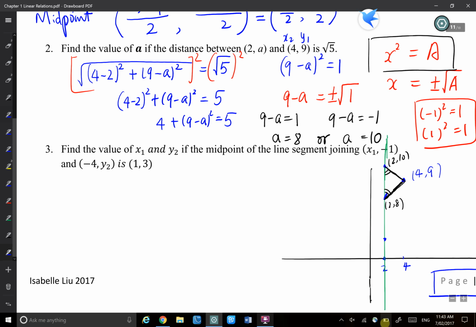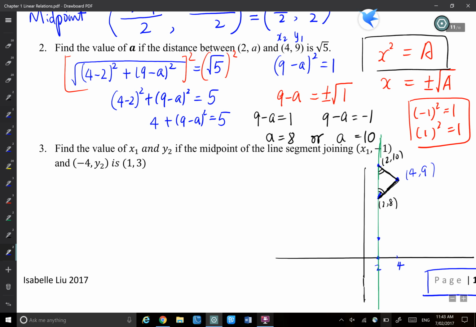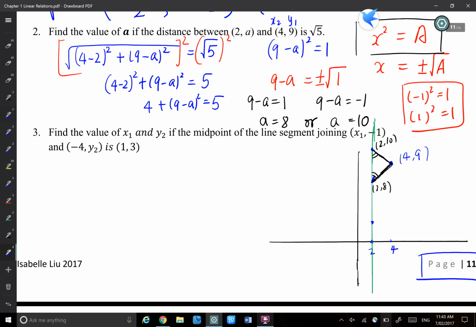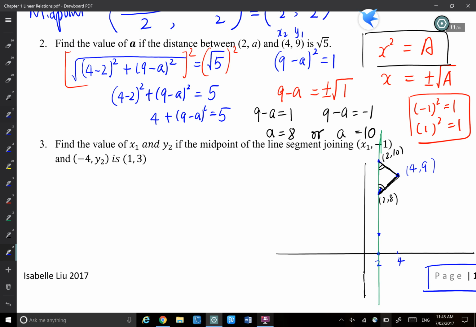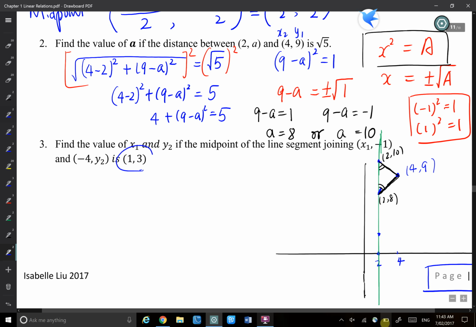Okay, number 3. Find the value of x1 and y2, if the midpoint of the line segment joining (x1, -1) and (-4, y2) is (1, 3). So 1 and 3 is the midpoint.